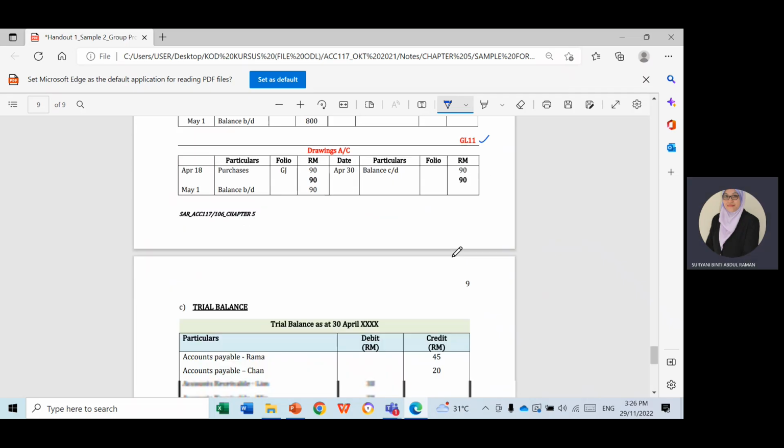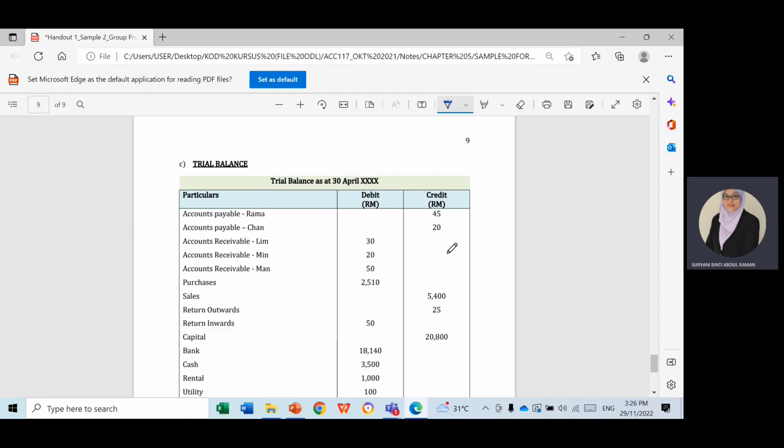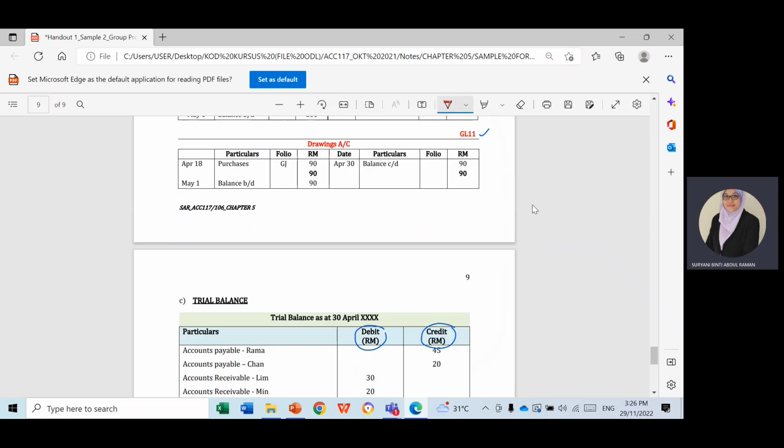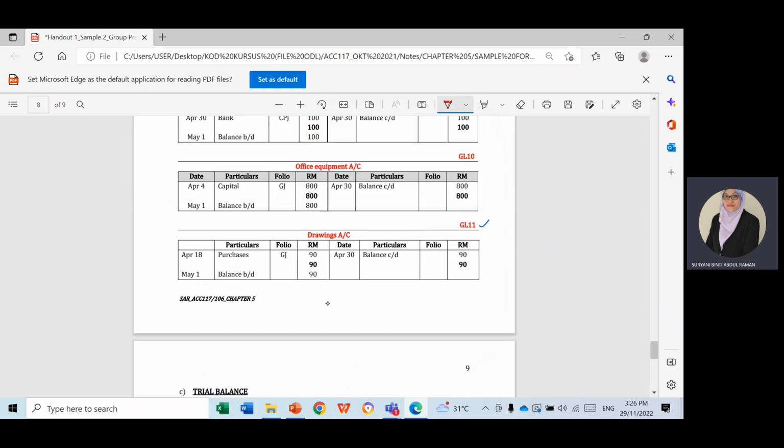Finally, we are going to prepare the trial balance by identifying the debit balance and the credit balance accordingly. How do we find the debit and credit balance? We have to balance off the accounts.